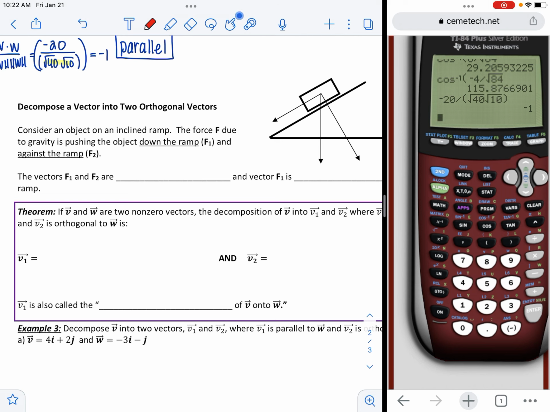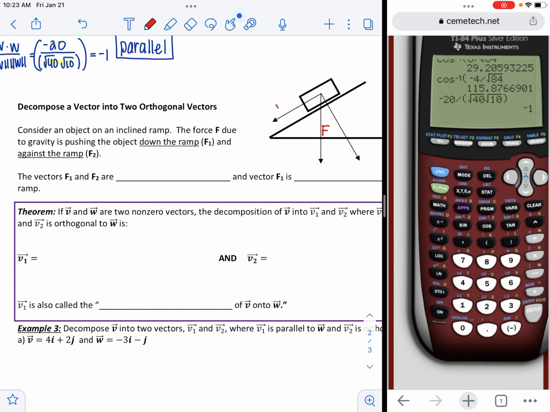Okay, so it says consider an object on an inclined ramp. Here's your object, here's your ramp right here. The force F due to gravity is pushing the object down the ramp. So gravity is this vector right here, which is F. The force F due to gravity is pushing the object down the ramp.